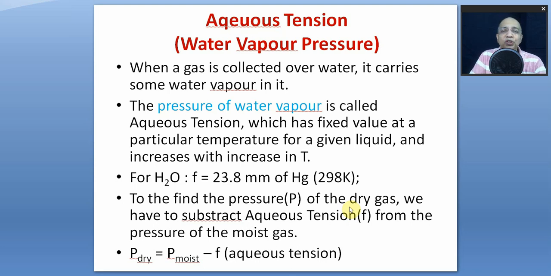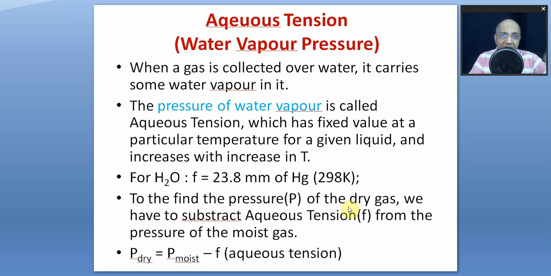So most of the time we express gas pressure in terms of the mercury column height. And we also knew how a gas pressure can be determined by using a manometer. A manometer is a U-tube containing mercury. One end is open and the other end is connected to the enclosed gas producing some pressure.